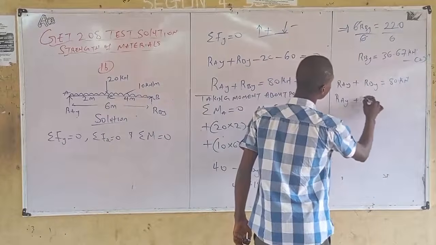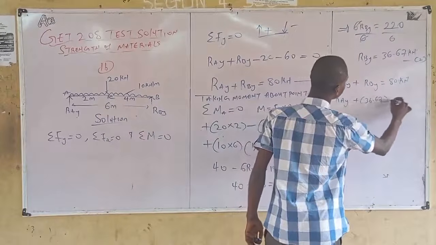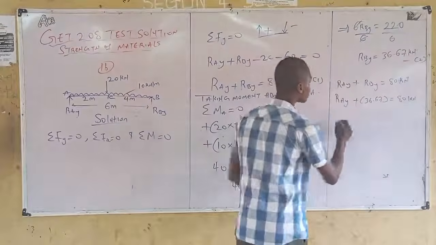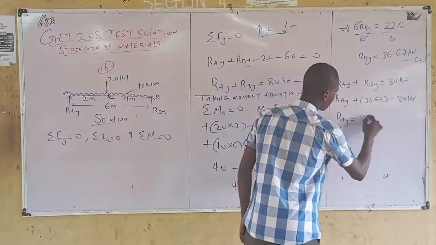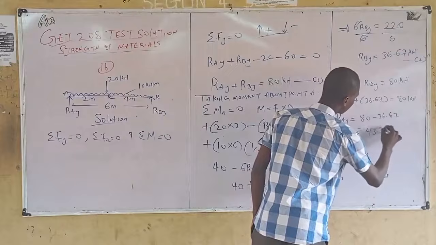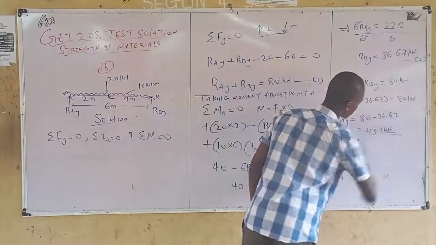RAY plus RBY equals 80 kilonewton. RAY plus 36.67 equals 80 kilonewton, right? Make RAY the subject of the formula: 80 minus 36.67, which is 43.3 kilonewton.